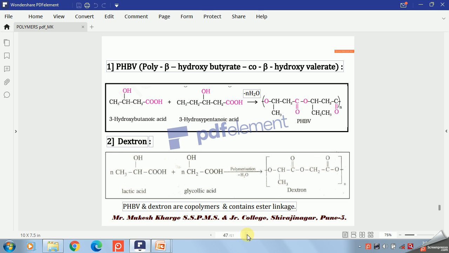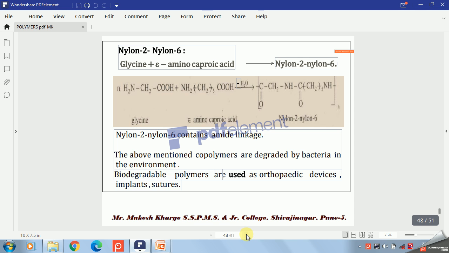Then next one is Nylon-2-Nylon-6. So Nylon-2-Nylon-6 is a polyamide copolymer of two amino acids. What are amino acids? The compounds which contain NH2 amino and COOH as functional groups are called amino acids. So here the first amino acid is glycine, the second amino acid is epsilon amino caproic acid.